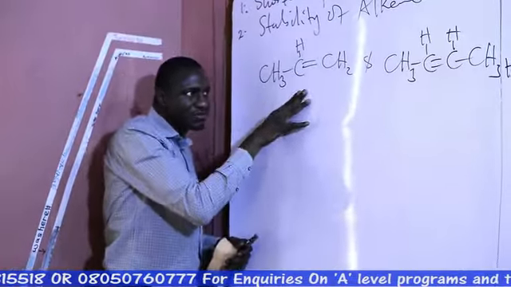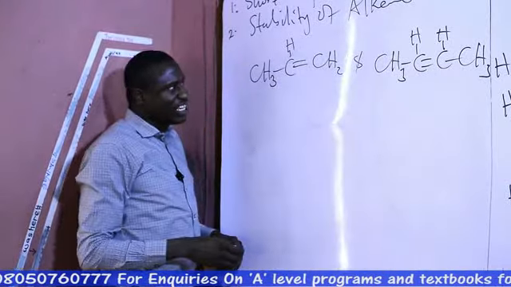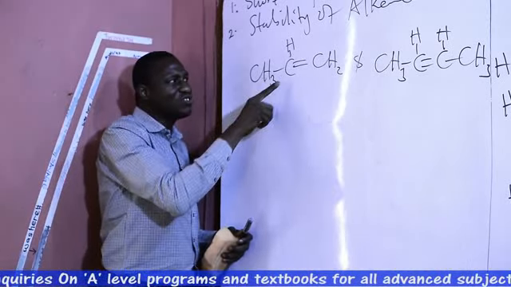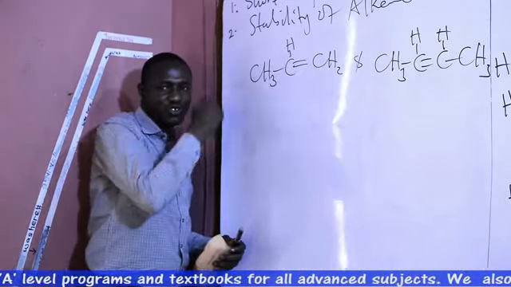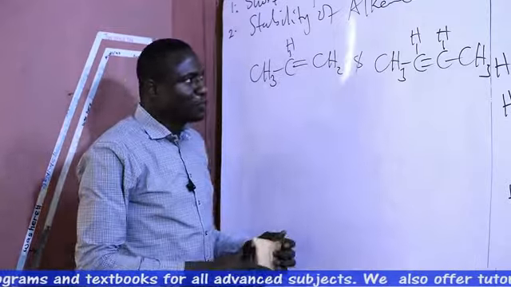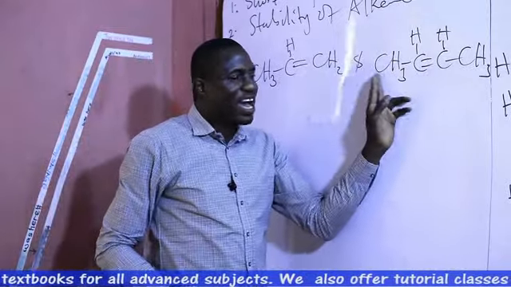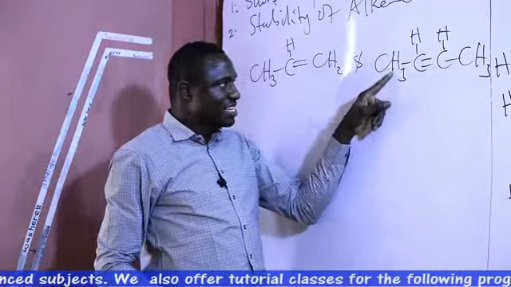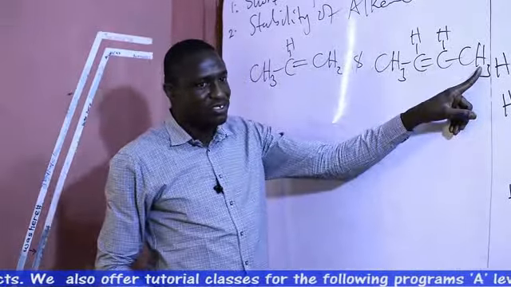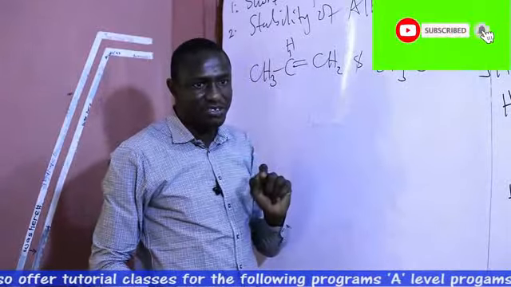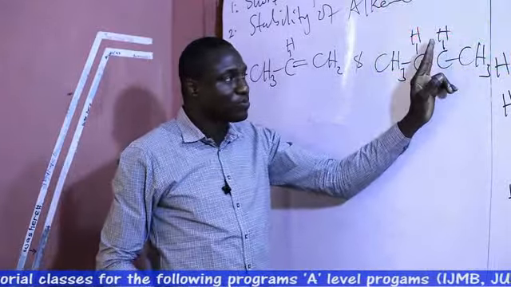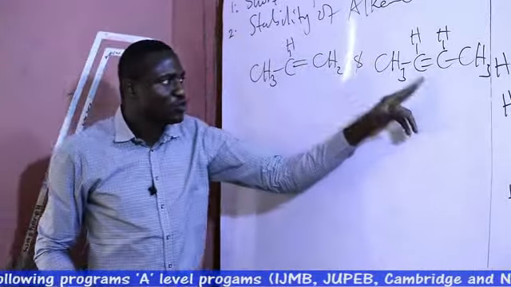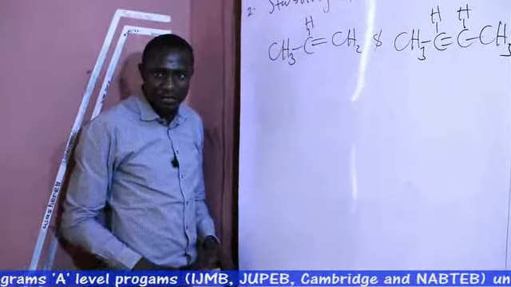This is propene, this is butene. In propene, there are just 3 alpha hydrogens, meaning you are expecting 3 hyperconjugative structures. In butene, there are 6 alpha hydrogens, 3 from each side of the double bond. There are 3 alpha hydrogens here and 3 alpha hydrogens here, making a total of 6. So you are going to obtain a total of 6 hyperconjugative effects, and as a result of that, butene is more stable than propene.